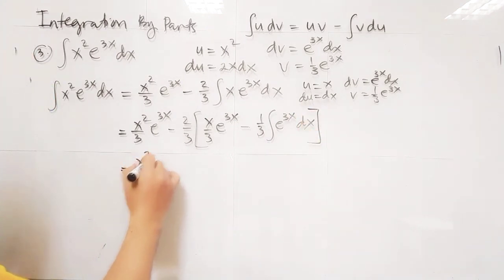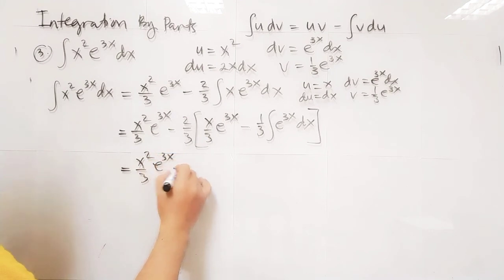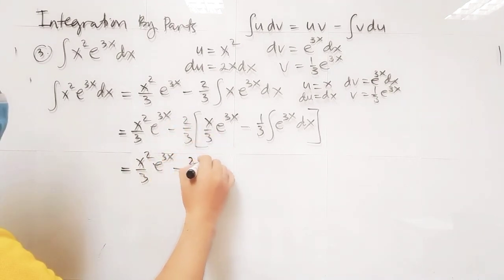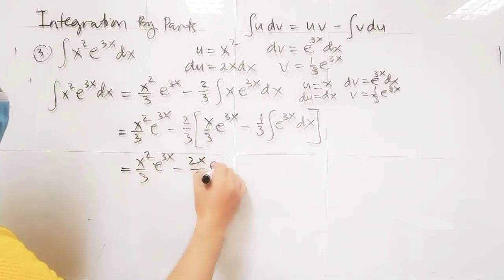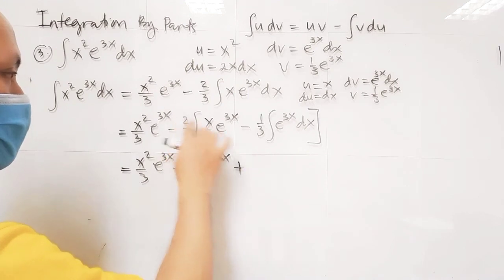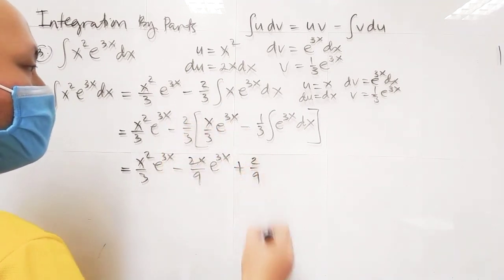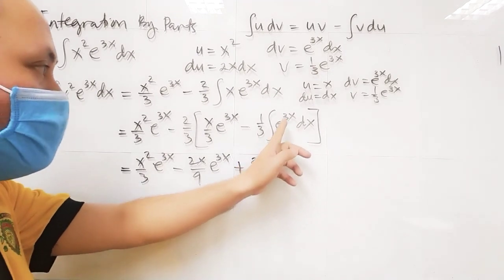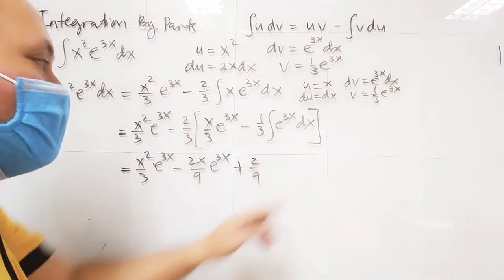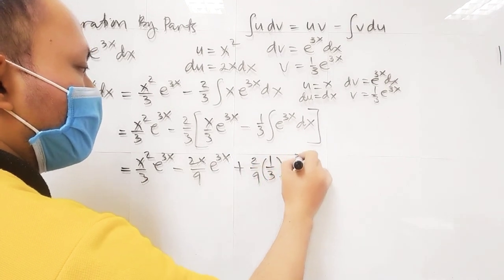So our answer here equals x squared over 3 e to the 3x minus, if we multiply this, 2x over 9 e to the 3x, negative times negative becomes positive, 2/9. And then for this one, let u equals 3x, du equals 3, so we have here 1 over 3 e to the 3x.